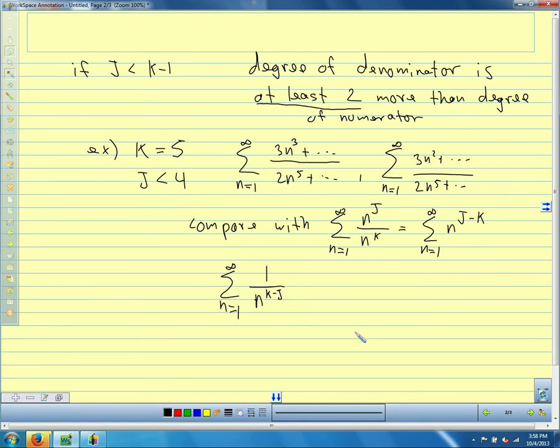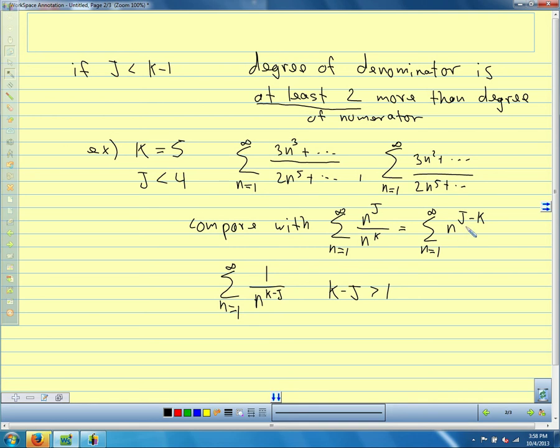So this would be the sum n equals 1 to infinity of 1 over n to the k minus j. And k minus j, with these conditions, is greater than 1. So it's 2 or more, like we talked about here. So k minus j is at least 2.